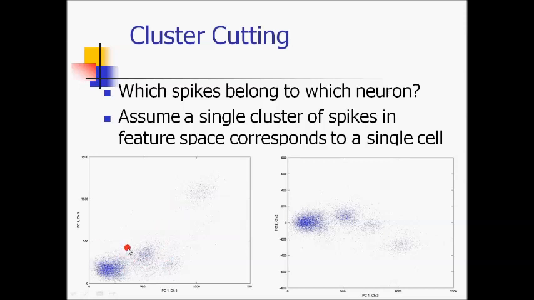And again, for humans, it's a little bit difficult to say where exactly this border between those two clusters should be. For computers, it's a little bit easier because there are good ways to evaluate what is the density of points and where should be the best dividing plane.